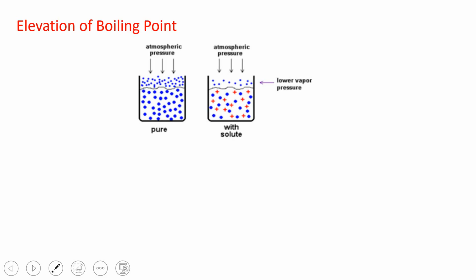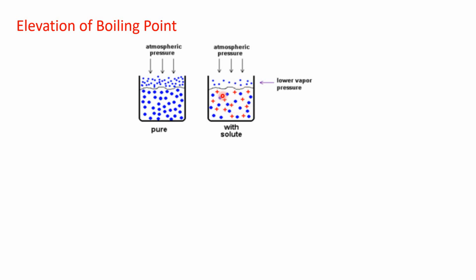Now, elevation of boiling point. In my last video, I discussed that when a little amount of non-volatile solute is added to a pure solvent, then the vapor pressure of the solvent decreases. Why? The solute is non-volatile, so the non-volatile solute occupies some portion of the surface of the pure solvent.